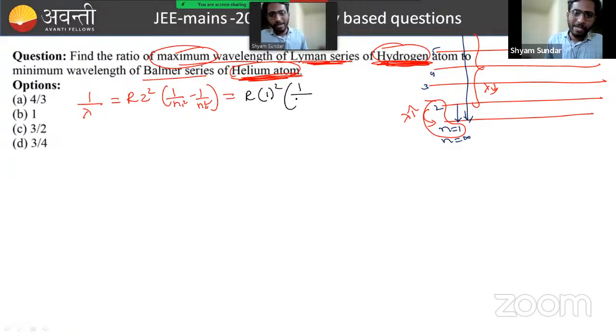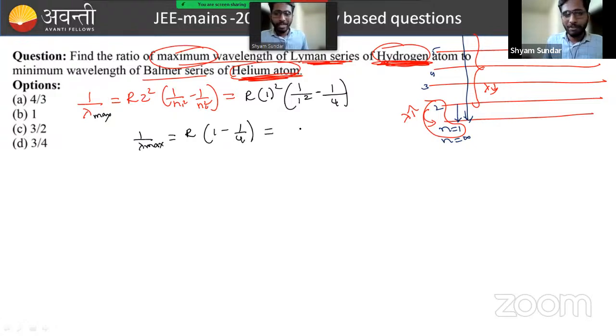Here 1 by n1 square is 1 square itself, minus 1 by n2 square, where n2 is 2, and 2 square is 4. I'm calculating for the maximum. So 1 by lambda maximum equals R times 1 square, which is 1, into 1 minus 1 by 4. It will become R times 3 by 4.